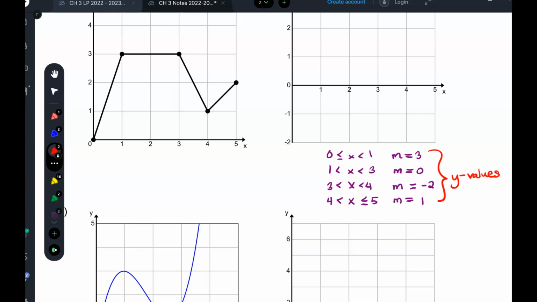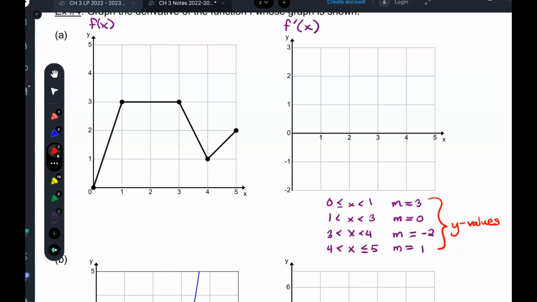Okay, here's what we're going to do. These are all constants, aren't they? Right? These are all constants. So that means I'm going to draw a series of horizontal line segments. From 0 to 1, my slope was 3, so I'm going to start with a closed circle at 0, 3. And I'm going to go over with a horizontal line segment until we get to 1, and I'm going to leave that an open circle. Because from 1 to 3, what's my slope? 0.